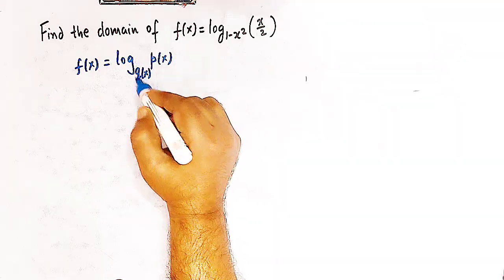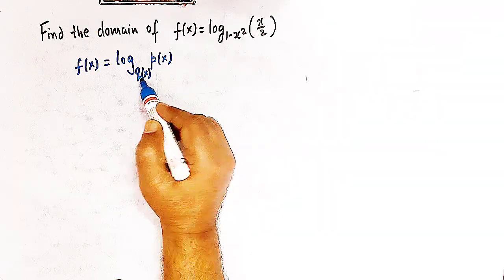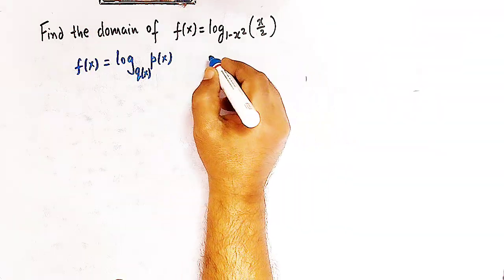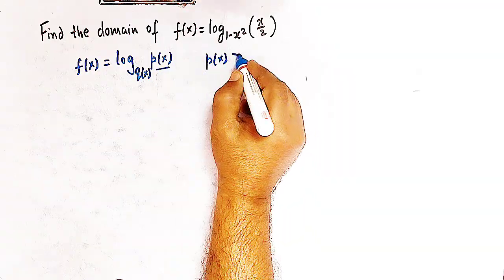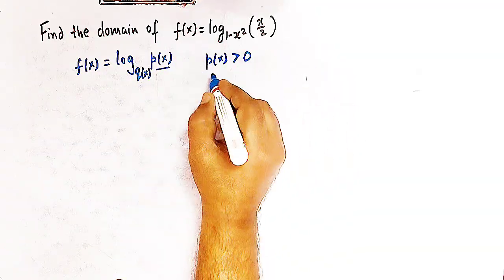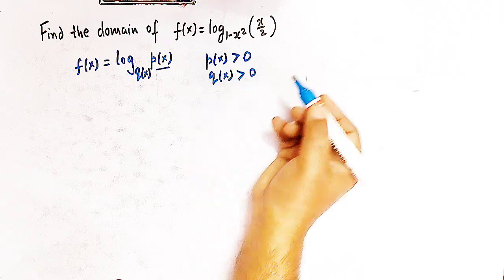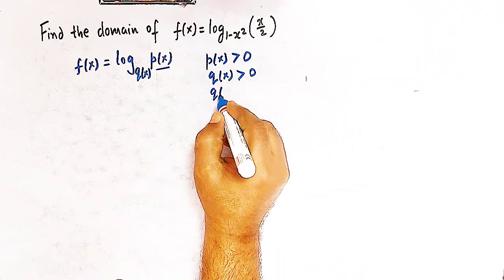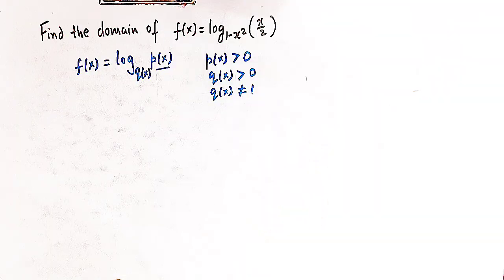So we have to impose some constraints on p of x and q of x, and the conditions are: p of x should be greater than 0, and q of x, that is the base, should also be greater than 0, and moreover q of x should not be equal to 1, right?